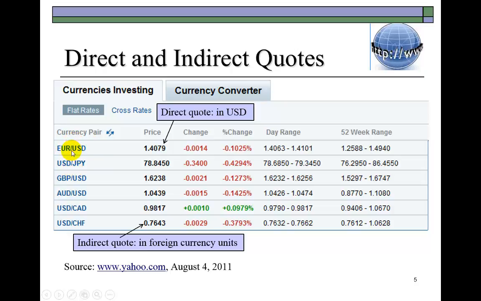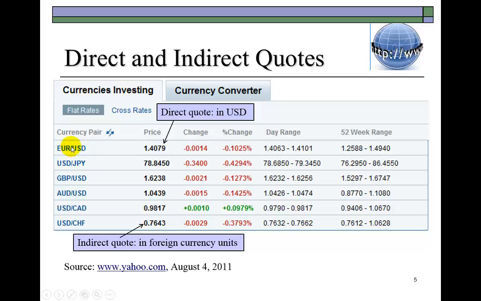It's an argument that separates these two currencies, telling you that the currency on the right side is the currency whose notation is used for the quotation unit. So this here is going to be US dollars per euro, $1.4179 per euro.